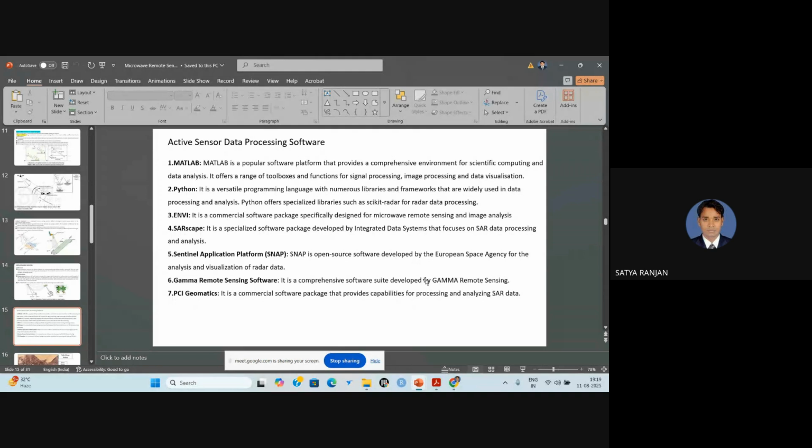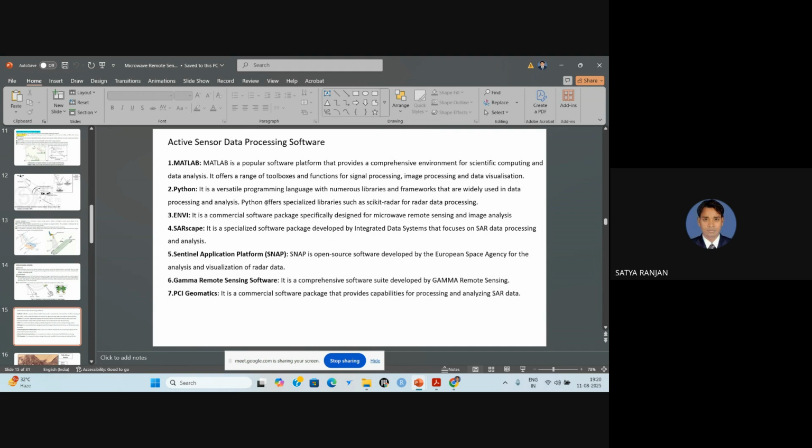Then Gamma remote sensing software also provides this. Then PCI Geomatics is also there, and one or two software packages are also provided by SAC Ahmedabad, that is from ISRO. This is also open source software. So these are the software we can use for microwave remote sensing satellites.